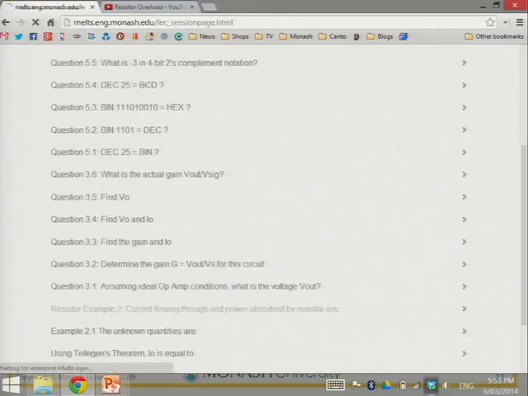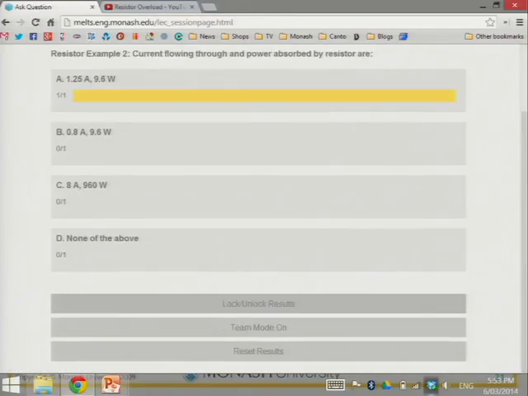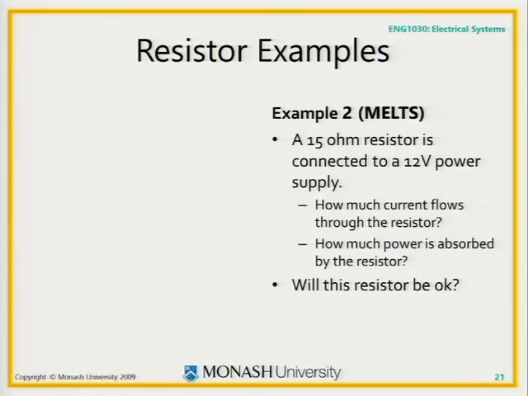What is the current flowing through, and will it be okay? Okay, so you've got a 15 ohm resistor. So I've got a resistor here, 15 ohms, and I've connected it to a 12 volt source. What is the current?